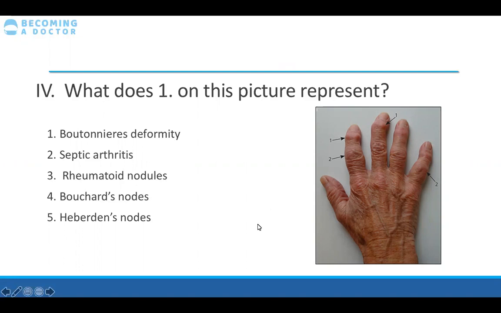Okay. The majority of you said Heberden's nodes, which is perfect because that's the correct answer. We've got a vote for Bouchard's and a vote for rheumatoid, but let's discuss them.